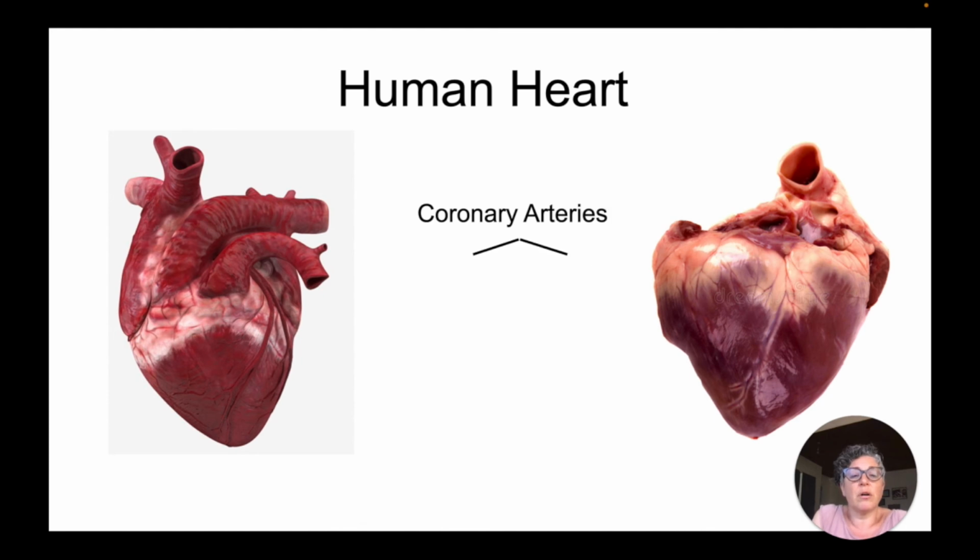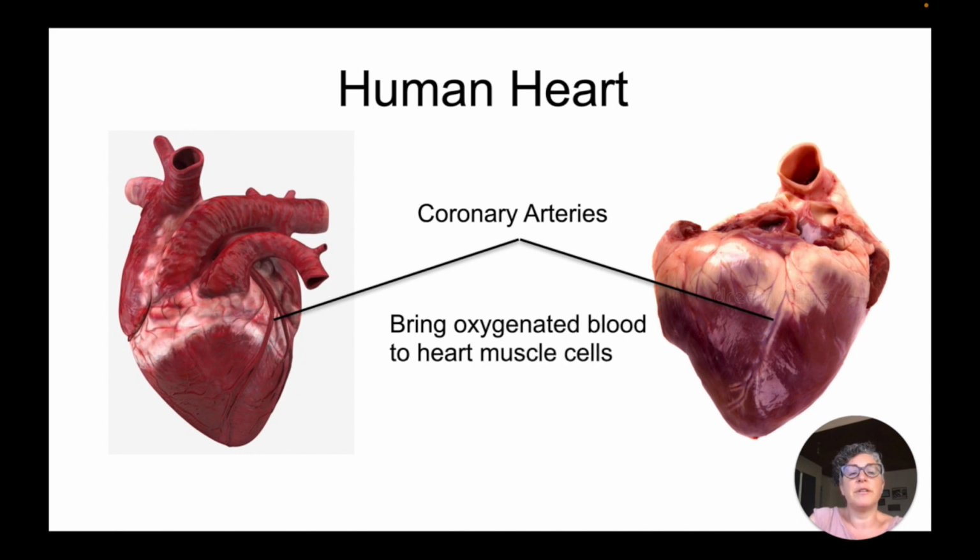These are called the coronary arteries, and the lines are pointing to those arteries. So on the front of the heart, the artery runs diagonally across the front of the heart, whereas on the back side of the heart, the coronary artery runs vertically from top to bottom. So that's how you can tell the difference between the front and the back of the heart if you needed to do that for a dissection.